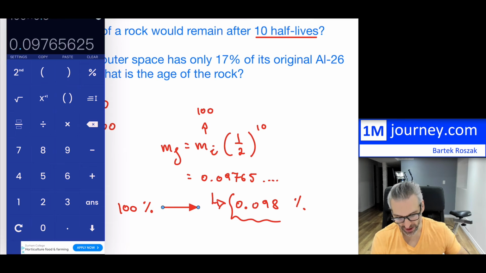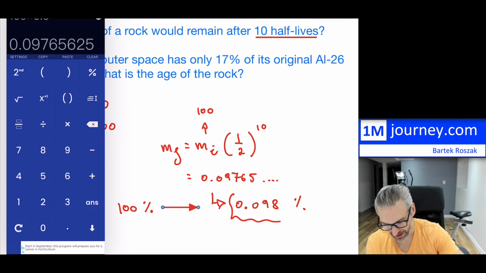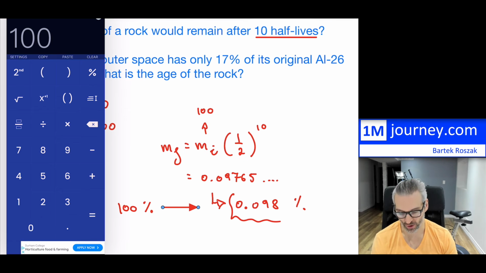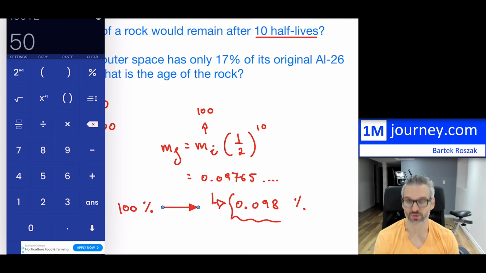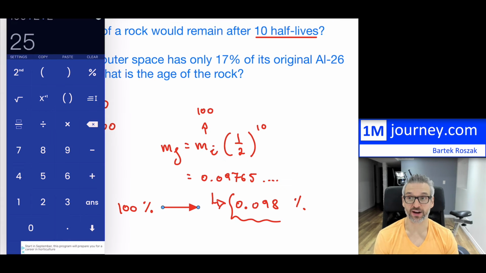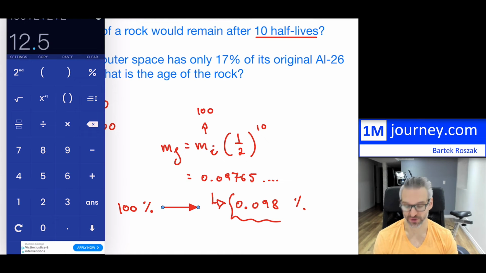So that's what happens. The more half-lives, obviously, it just keeps shrinking by half, by half, by half, and it continues on to break down. And you can see this, because if you start with 100, divided by 2, that's 1 half-life. Divided by 2, that's another half-life, so that's 2 half-lives. Divided by 2, that's 3.